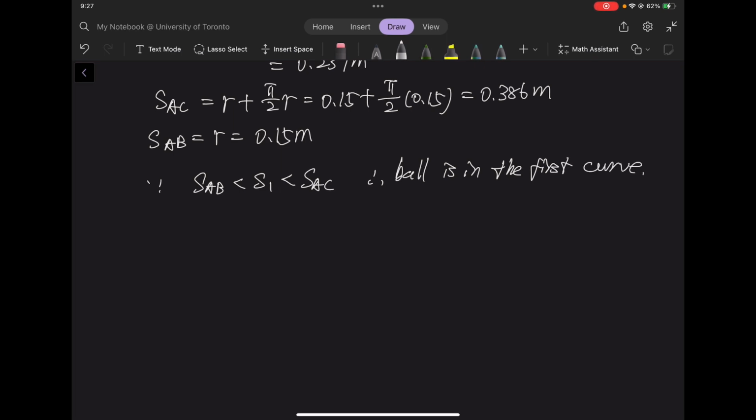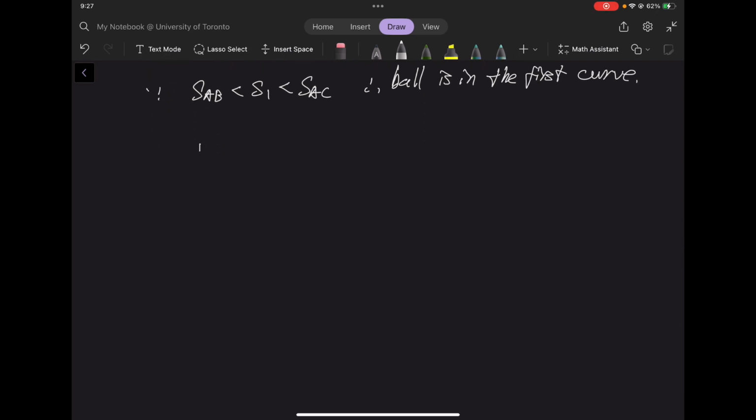So we can draw a diagram to show the location of the ball. And here is its velocity. Here is its tangential acceleration. Here is the normal acceleration right here. We set this angle to C1, and this is the Cartesian coordinate.